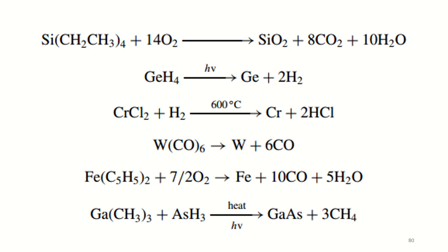Chromium chloride, CrCl2, is reacted with hydrogen at about 600 degrees Celsius and changes into chromium metal and HCl gas, while tungsten hexacarbonyl, W(CO)6, is heated and will give the tungsten element and carbonyl.